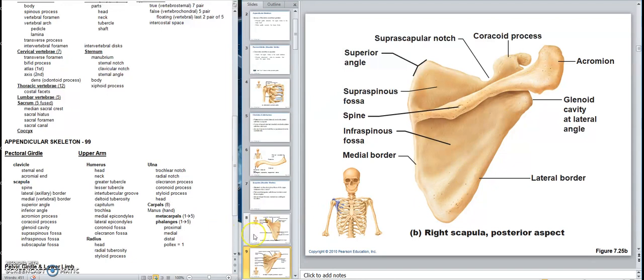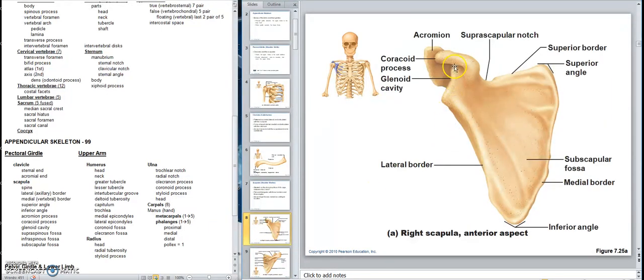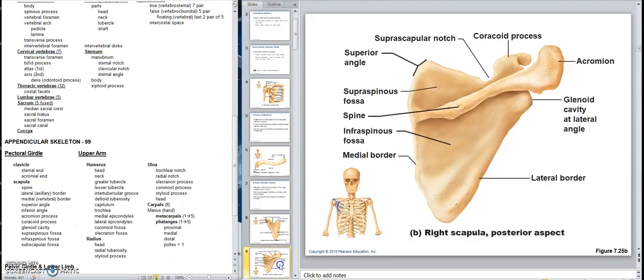Glenoid cavity. The glenoid cavity is where your humerus, the upper bone right there, fits into. Okay. Supraspinous fossa. Let's go to the back again, to the posterior. That's supraspinous, that fossa above the spine, and infraspinous is below. Okay, infraspinous is below.